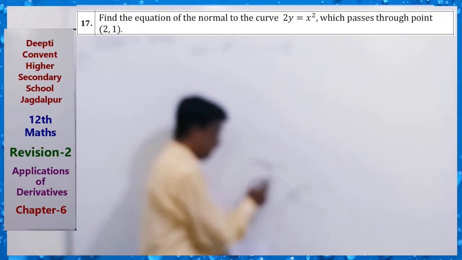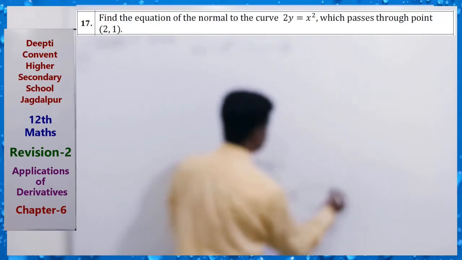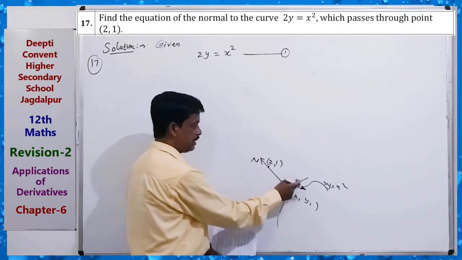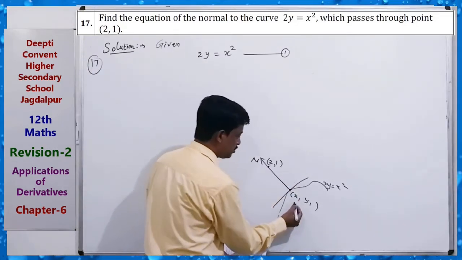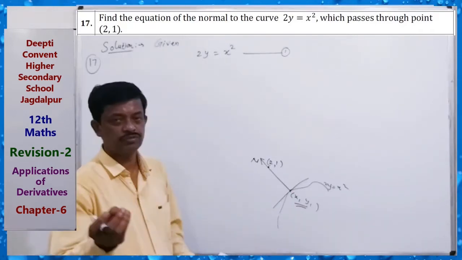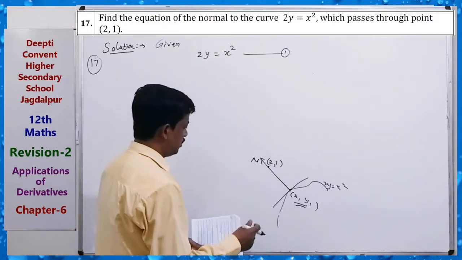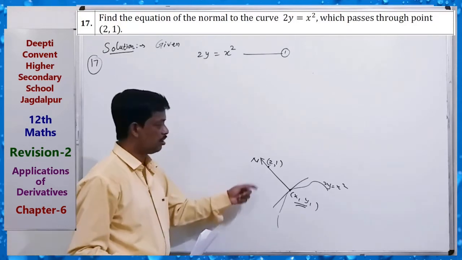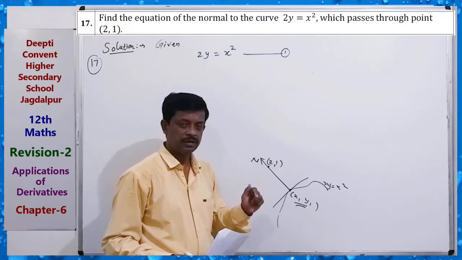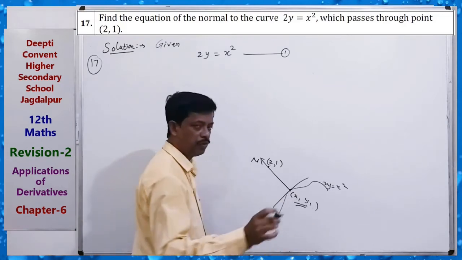This is the given curve, 2y equals x square. This is the normal, and this is the tangent. So the point of contact is x1, y1. Then we can find the equation of the normal.